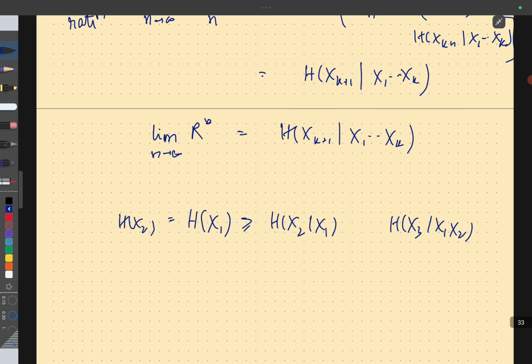So I can now compute frequencies of triples and compute h of x3 given x1, x2, and this will be greater than or equal to this, and so on. I can keep doing this, h of x4 given x1, x2, x3, and so on. Now if you have a large enough piece of text, you'll see that there's going to be a big jump between h of x1 and h of x2 given x1, and maybe h of x2 given x1 and h of x3 given x1, x2.